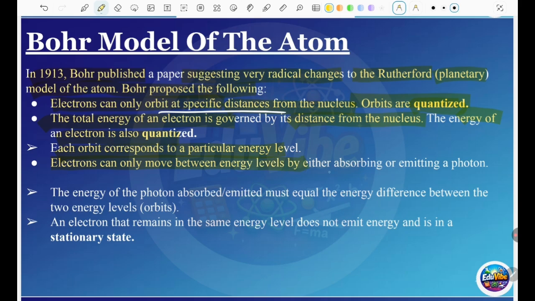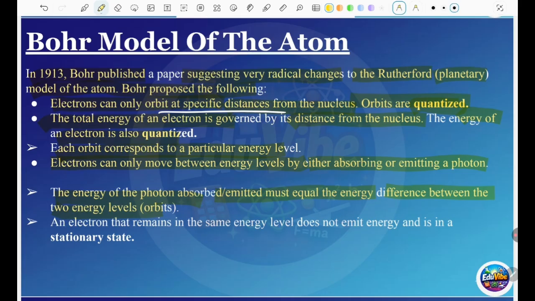An electron can only move between energy levels by either absorbing or emitting a photon. Photons are something we come to again in this unit. The energy of the photon absorbed or emitted must equal the energy difference between the two energy levels.